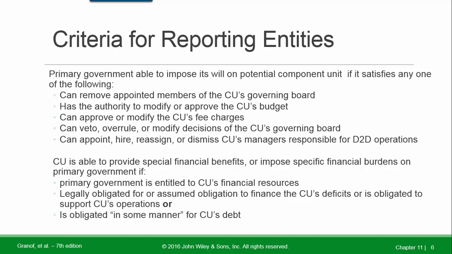So see, this is the primary government owing something or responsible for the component unit. And you can see how it would be misleading if these were not included in the CAFR.